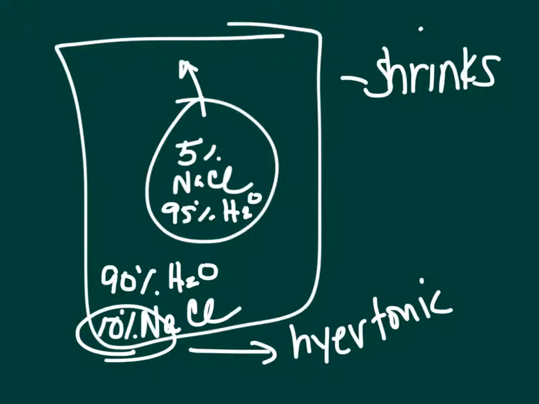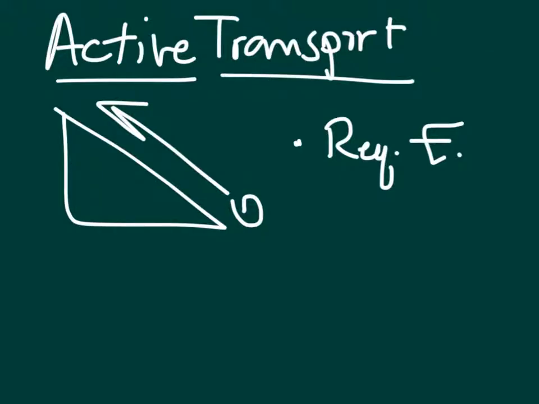All passive transport just happens until we reach equilibrium. If it's attempting to reach equilibrium, it's passive transport. Active transport doesn't attempt to reach equilibrium. Active transport, we said, is the opposite of passive. This is riding your bike uphill.